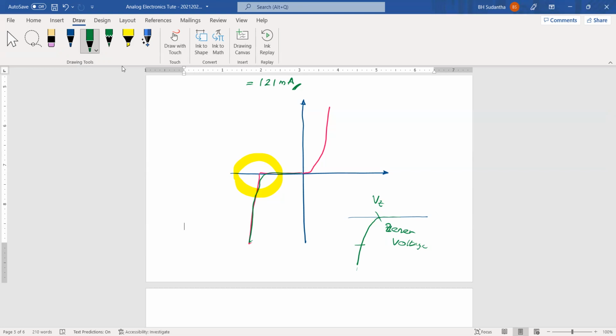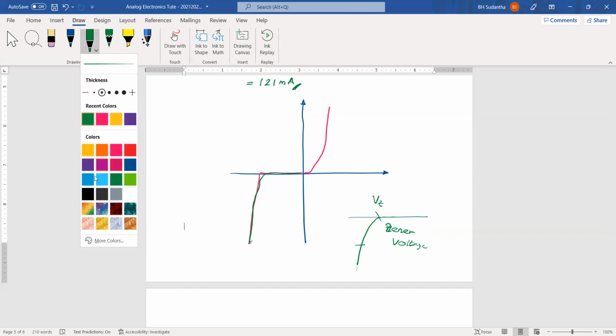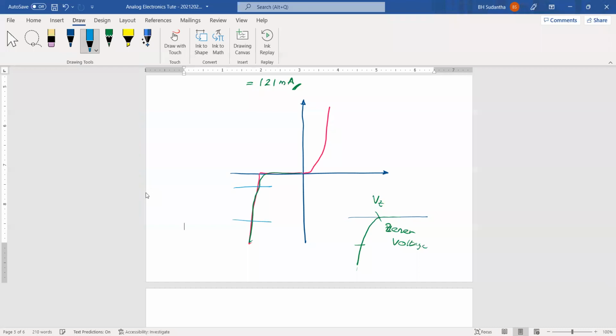But in this case, I have to draw this one a little bit straight, assuming that this may be considered during this period. We have to find a linear region here. And during this region only, we can use this Zener diode as a regulator. Okay. And this is the Zener voltage, and this is the knee voltage we are having.